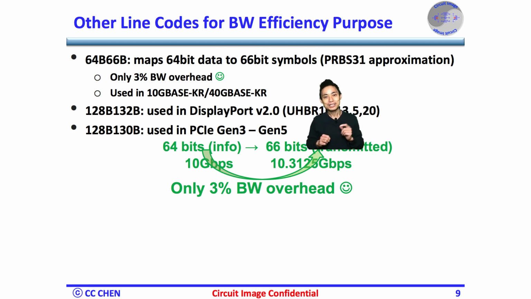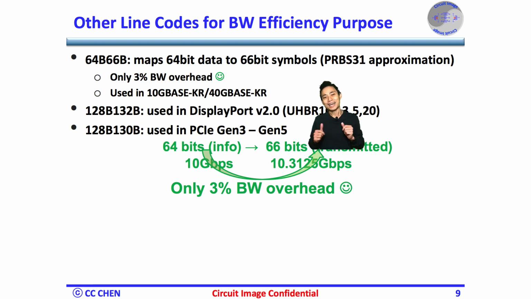Other bandwidth efficient encoding, like the 128b/130b used in PCIe Gen 3 to Gen 5, since the 64b/66b maps 64 bits to 66 symbols, which is a PRBS31 approximation. The 10G data transmission would require the SerDes link to operate at 10.3125 gigabit per second.